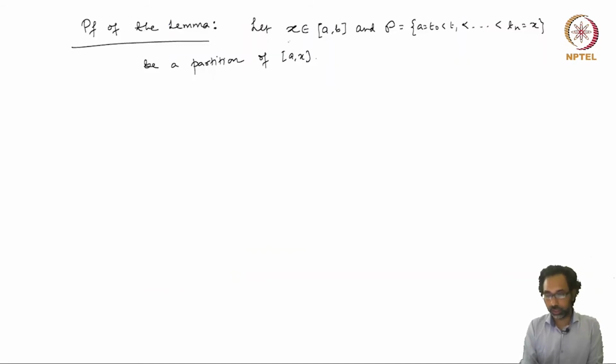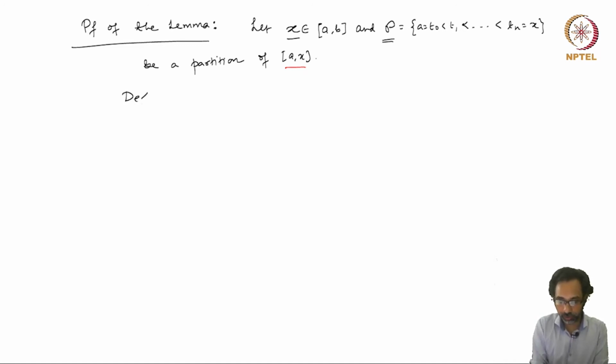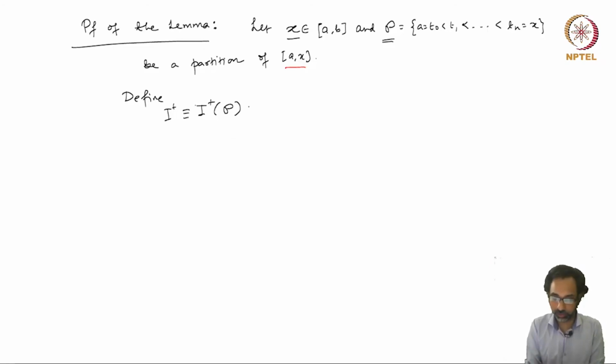For this, let's fix a point x in [a,b], and we also fix a partition P given by t0, t1, up to tn of this interval [a,x]. Now we define two sets, I plus of P. I will only denote it as I plus when the partition is evident.